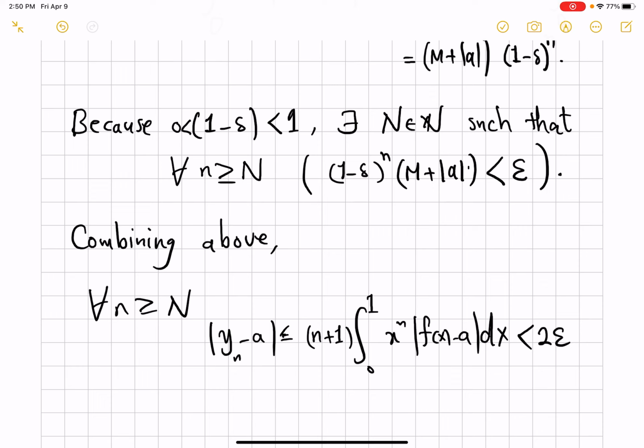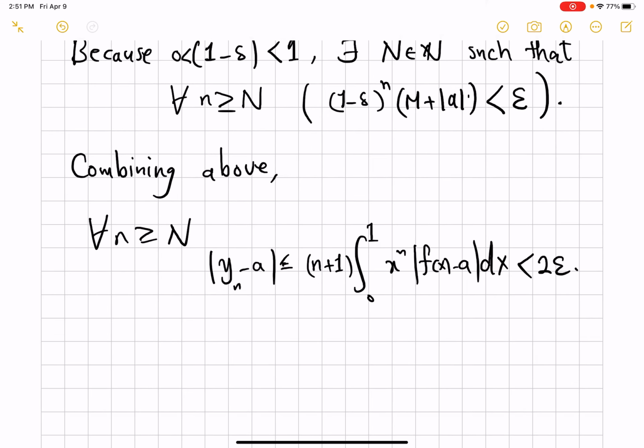Epsilon coming from integrating from 0 to 1 minus delta, and then another epsilon from integrating from 1 minus delta to 1. And that's it. So for every epsilon, we found an N in natural numbers such that from that point on, |y_n minus a| becomes less than 2 epsilon. And this is exactly saying that the limit of y_n equals a, as n goes to infinity.